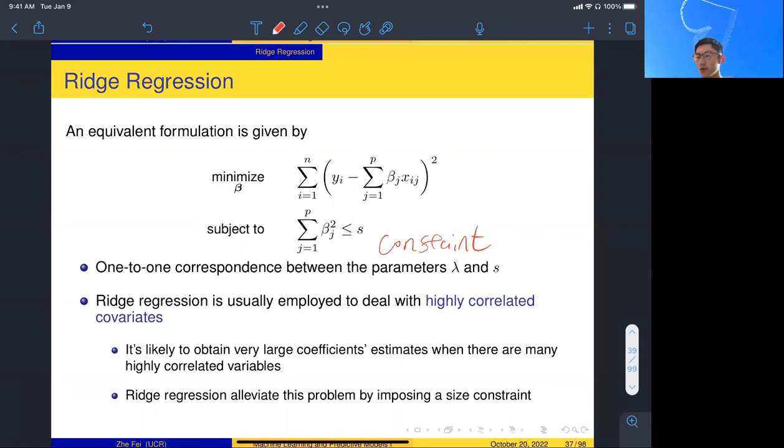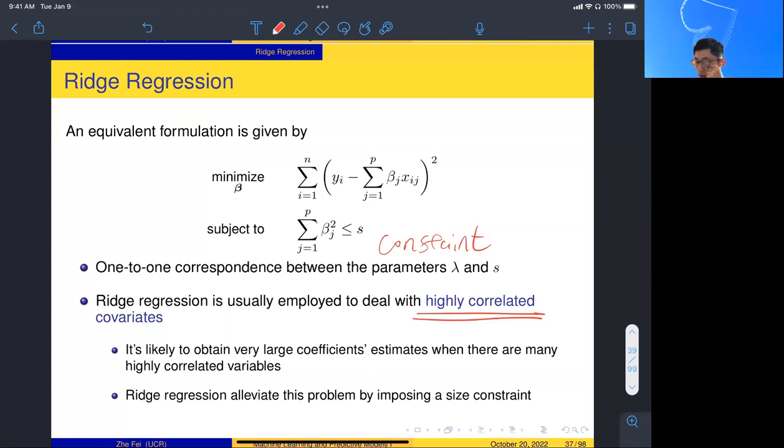So these two formulations are equivalent, and in practice, this is important: ridge regression is especially useful when we have highly correlated covariates. That's something you want to keep in mind when you apply ridge. If you have correlated covariates, ridge can help mitigate this high correlation.